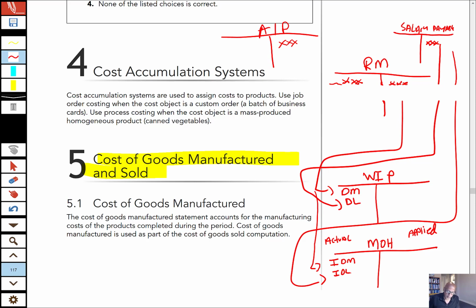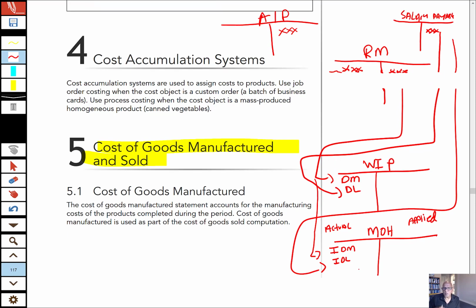Okay, so we've got some labor, we've got some materials, but of course we're going to have to apply some electricity to that work, etc. So what happens? We have our utilities payable. We have our accumulated depreciation.